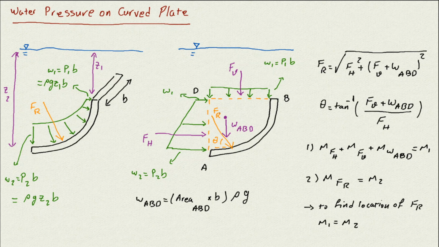So that's how we do that. We calculate the moment of these three forces about one point, and then we calculate the moment of the FR about the same point, and then we equalize them, and by doing that we can find the location where the FR is going to apply.